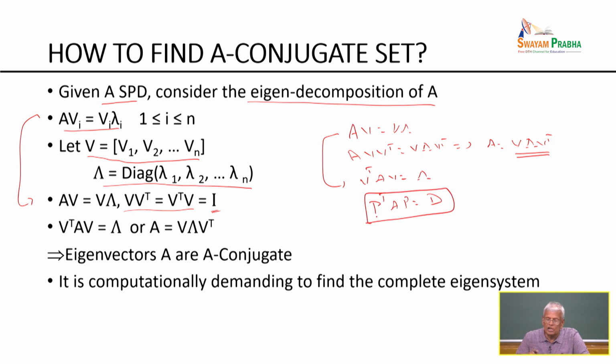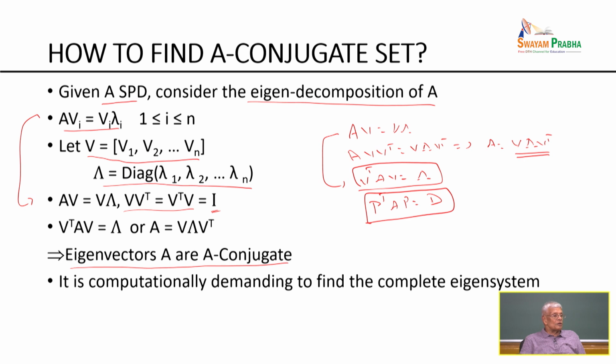If P is the A conjugate directions, we have already shown P transpose A P is diagonal. So, these two relations are exactly one and the same, except that P is replaced by V and D is replaced by lambda. So, what does this tell you? Given a matrix A, the eigenvectors are A conjugate. Wow! The eigenvectors are A conjugate.